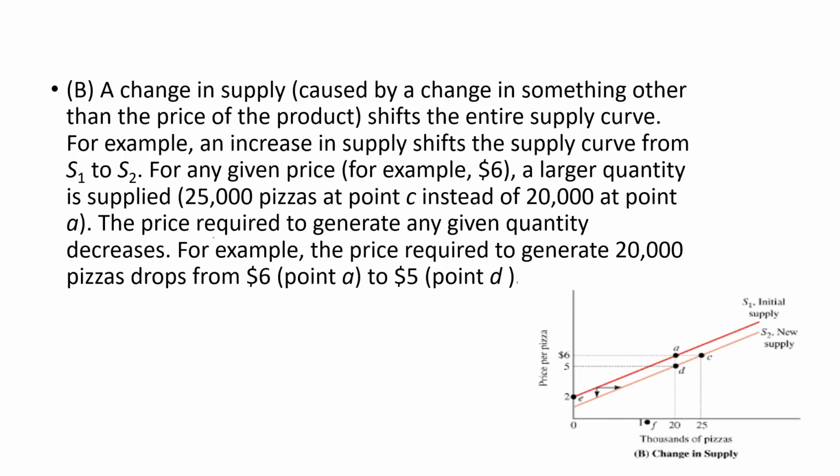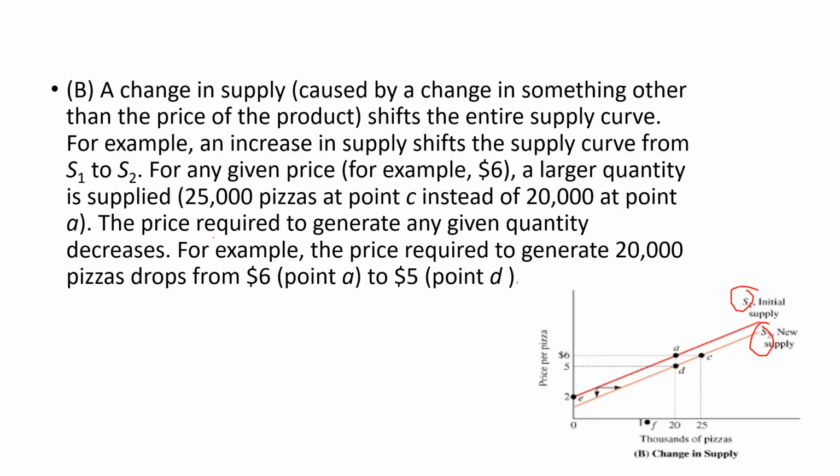In this case over here, B, a change in the supply is caused by a change in something other than the price of the product, which causes a shift of the entire supply curve. For example, an increase in the supply shifts the supply curve from S1 to S2 in this graph. Like over here, we can see the move from S1 to S2.